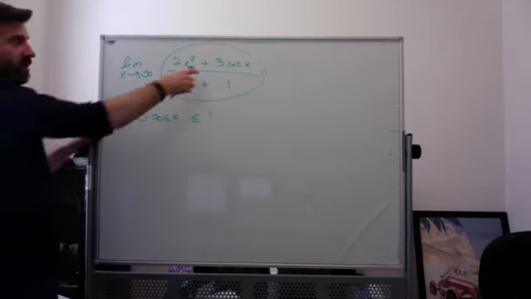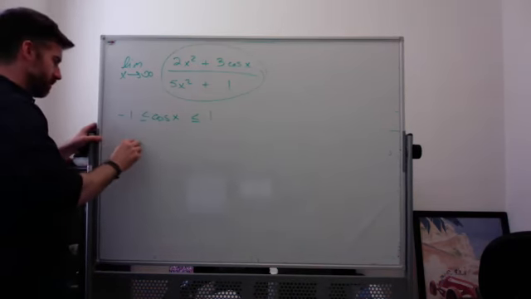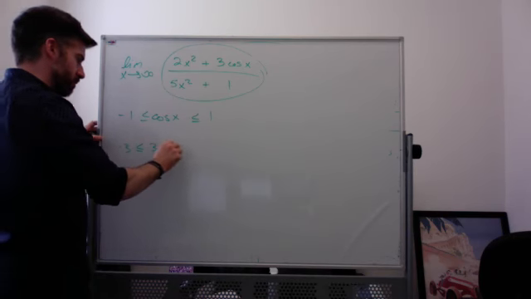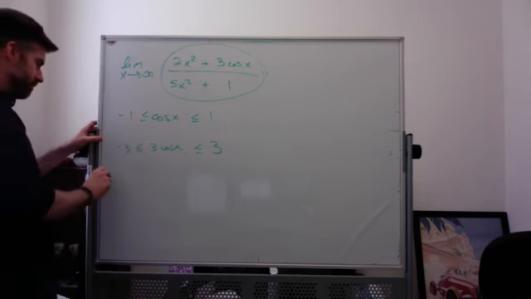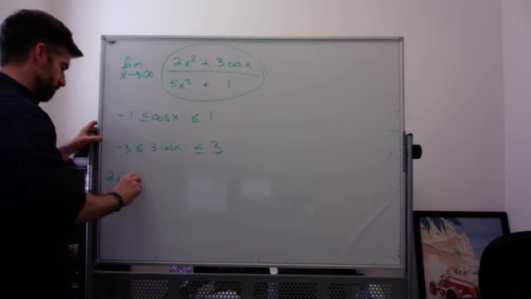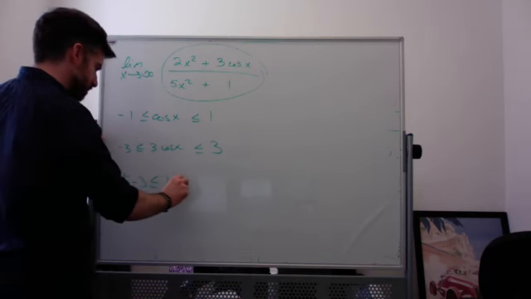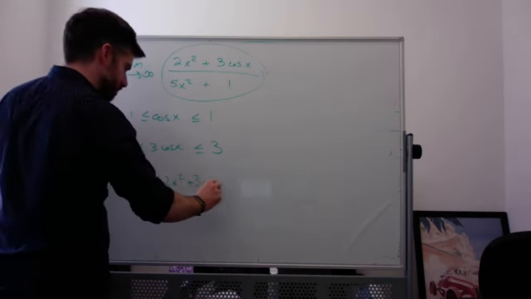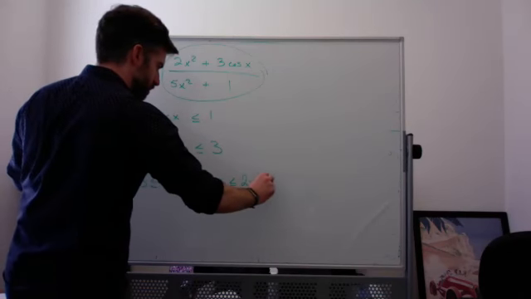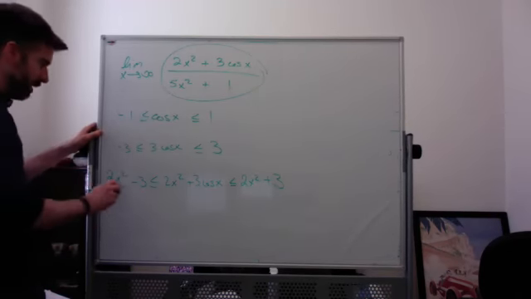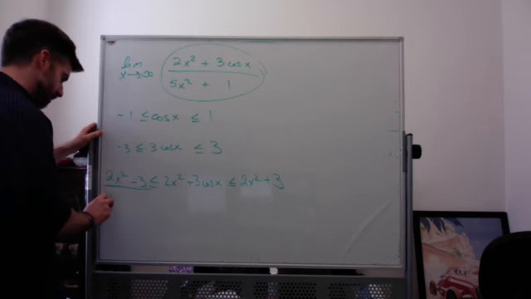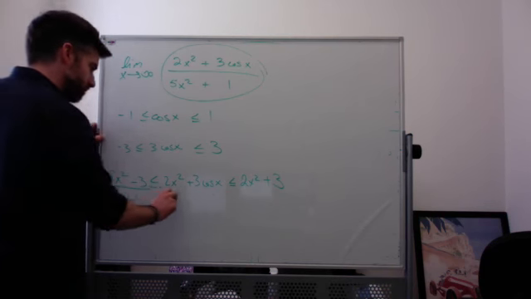So first I'm going to multiply everything by 3. Then I'm going to add 2x squared to everything. Then I'm going to divide everything by 5x squared plus 1.